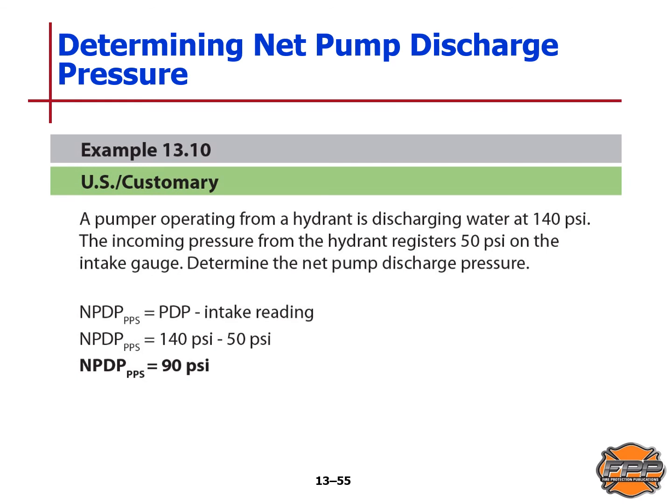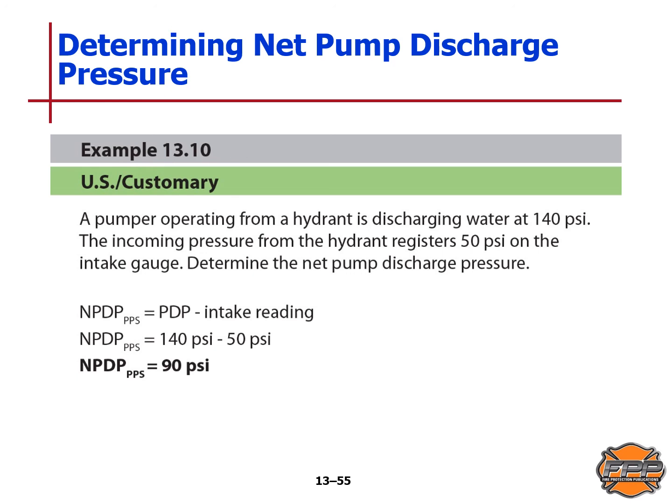So let's take an example, 13-10 in your book. A pumper operating from a hydrant is discharging water at 140 psi. The incoming pressure from the hydrant registers 50 psi on the intake gauge. Determine the net pump discharge pressure. So we have NPDP PPS equals PDP minus your intake reading.